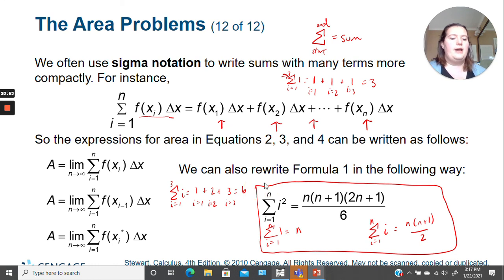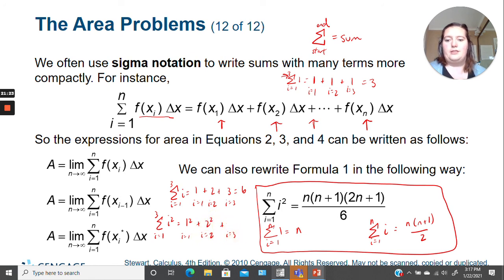If we're adding up i squared, and I'll give you an example of that in just a second, it's n times n plus 1 times 2n plus 1 over 6. If I'm adding up 1 n times, it's n. If I'm adding up i to n, it would be n times n plus 1 over 2. So for example, let's do that other one. If I go from i equals 1 to 3 of i squared, first I'll start with i equals 1. 1 squared is 1. Then I'll go to i equals 2, so 2 squared.